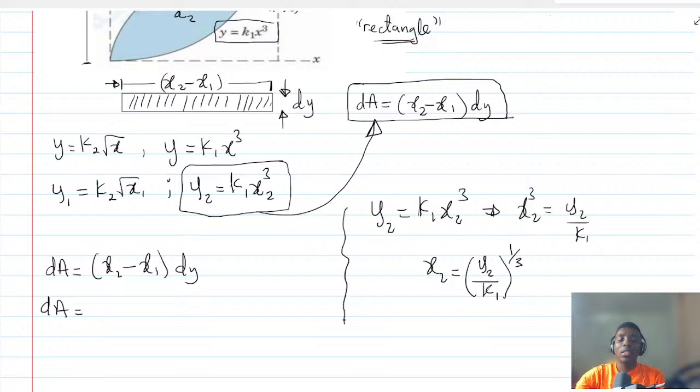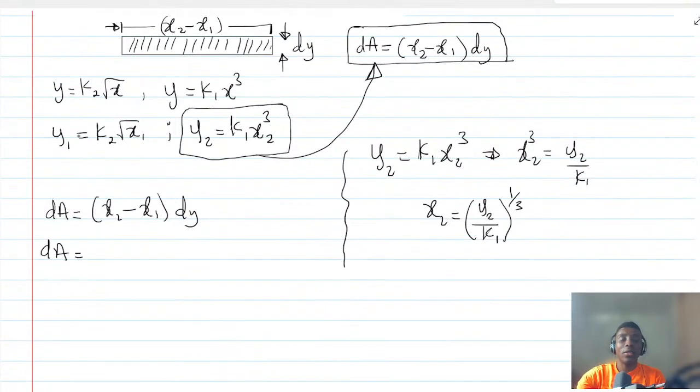If I want to get x1, then I go back, and I know that y1 is k2 square root of x1. So if I want to get x1, I will square both sides.